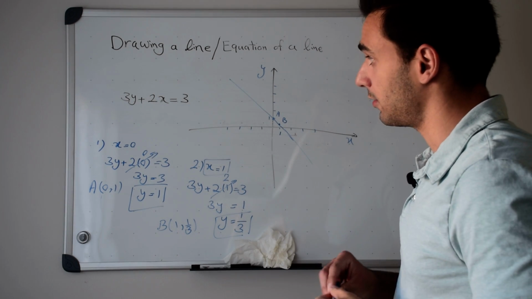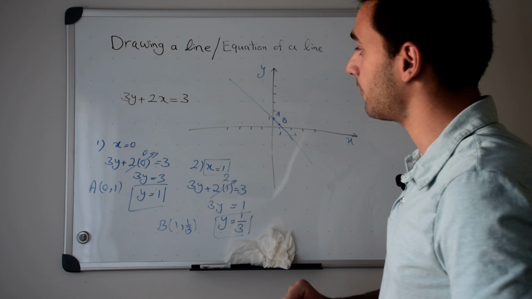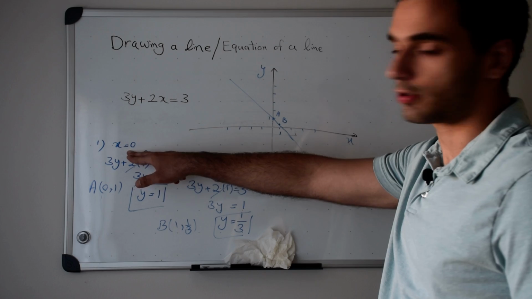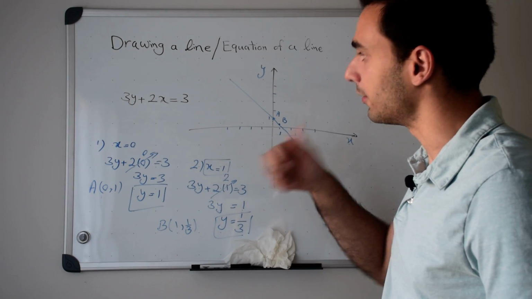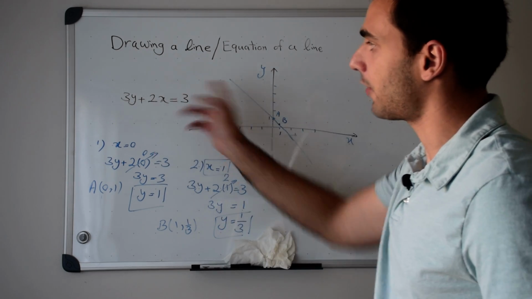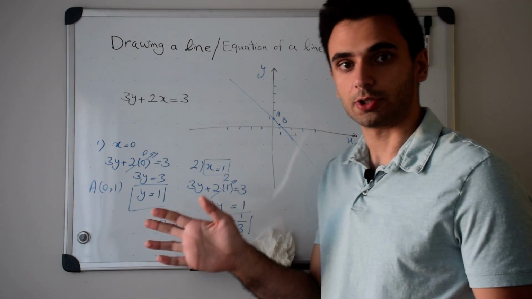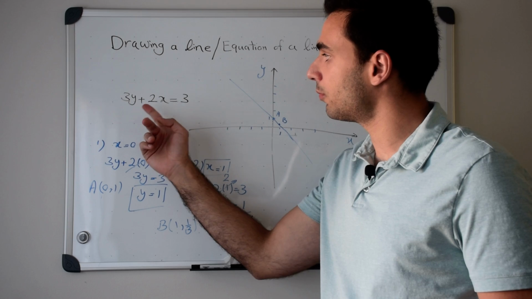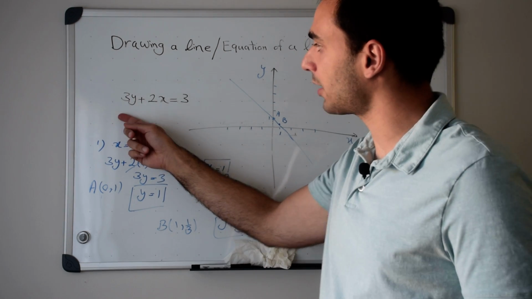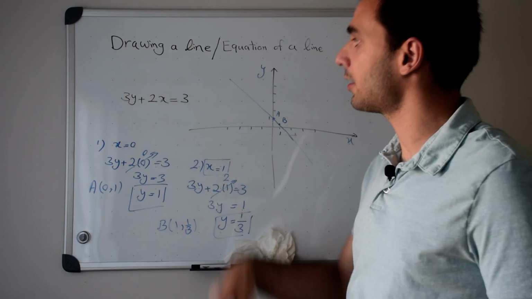You might ask, at the beginning I gave x 0 or I gave x 1, can I give y 0 and find x on the other hand? It's okay. You can do both. You can give x a number and find y, or we can give y a number and find x.